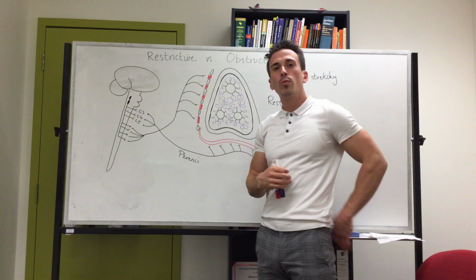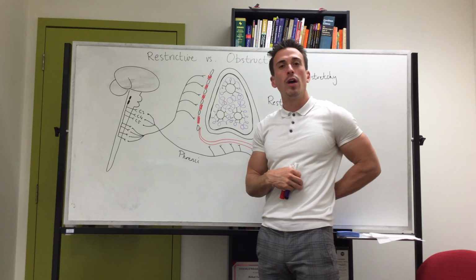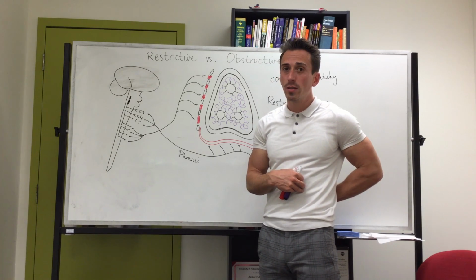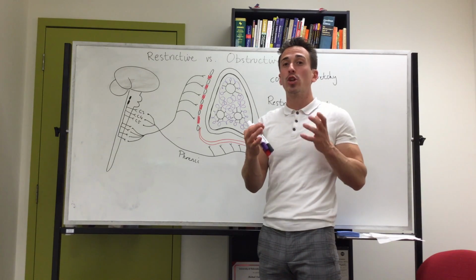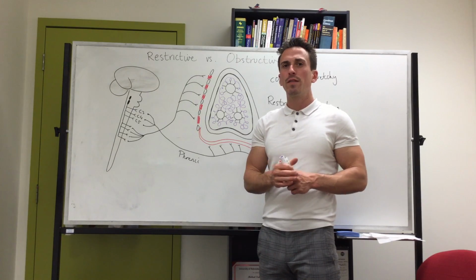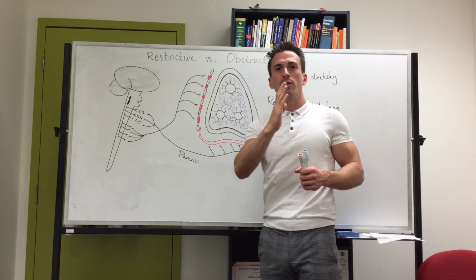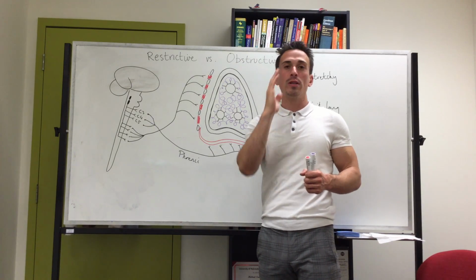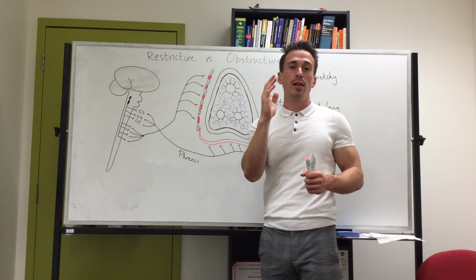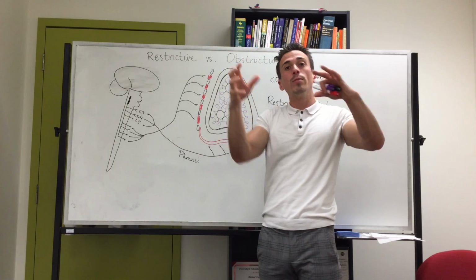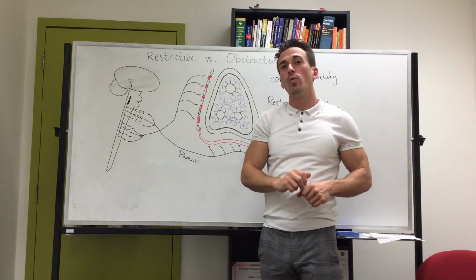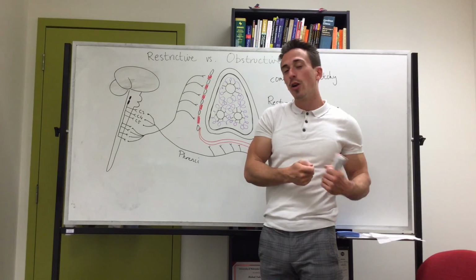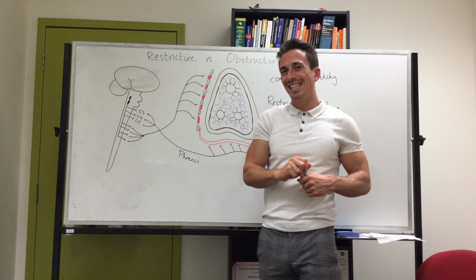Or if you have a problem with your spine, meaning you have some sort of kyphosis or scoliosis or lordosis, which are abnormalities of the curvature of the spine, well, if the spine's going to be curved, whether it's going to be lateral curvature abnormalities or anterior posterior curvature abnormalities, this is going to alter the way that the ribs are positioned and also alter the way that you can breathe. So these could be classified as extrinsic restrictive pulmonary diseases.